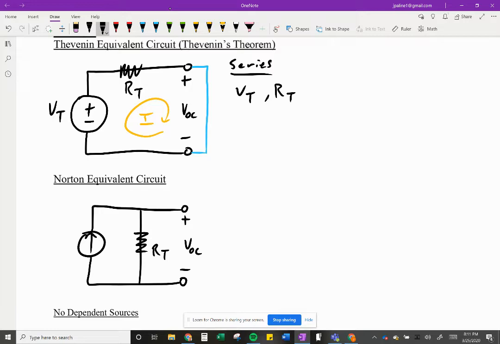This is an open wire. And this current source is called I Norton. What this circuit is saying is, since this is open right here, the current that leaves this source can only loop around right there.